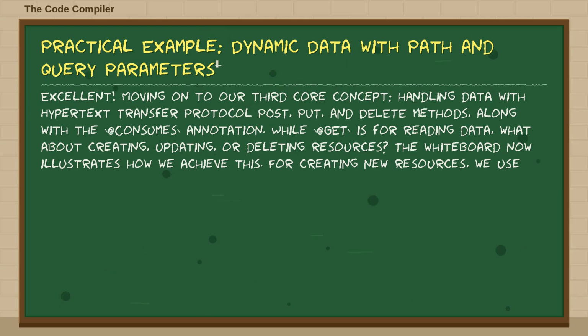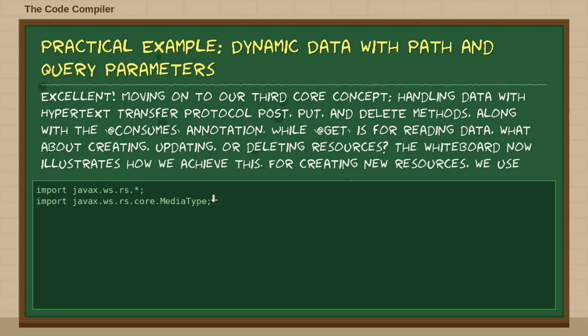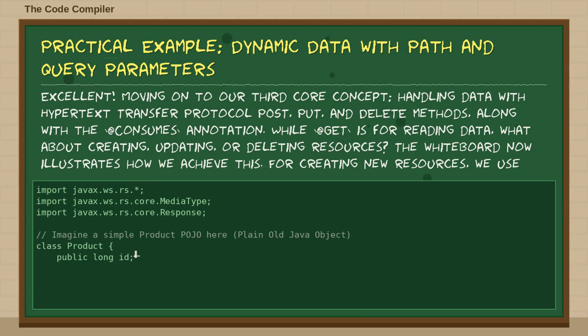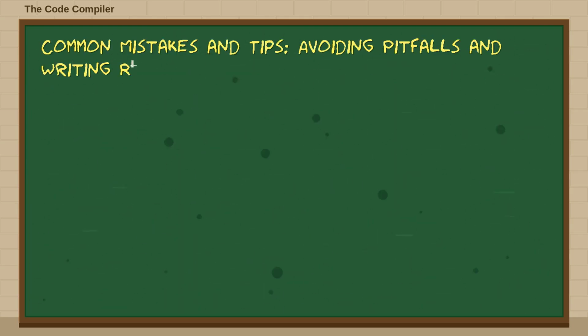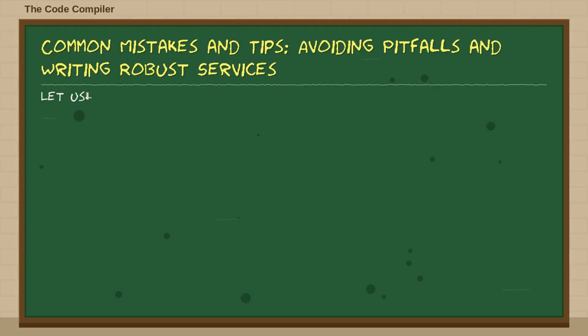These annotations make it incredibly clear what each method is designed to do, adhering to the representational state transfer principles of using standard hypertext transfer protocol verbs for resource manipulation. Very powerful indeed.